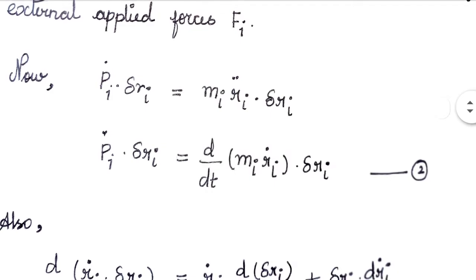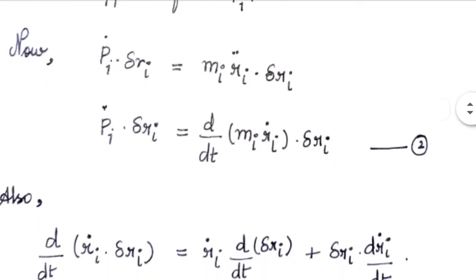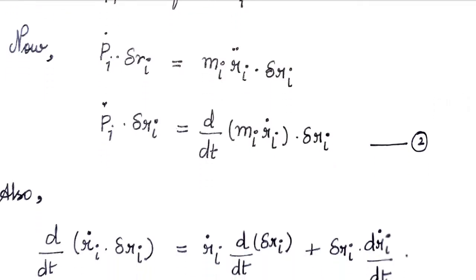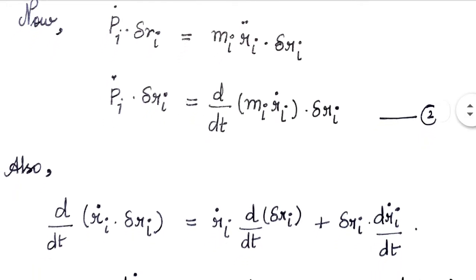Now we need to find out the value of d by dt of Ri dot into delta Ri. For this, we take the time derivative of Ri dot into delta Ri. Here Ri dot is a variable, delta Ri is also a variable.